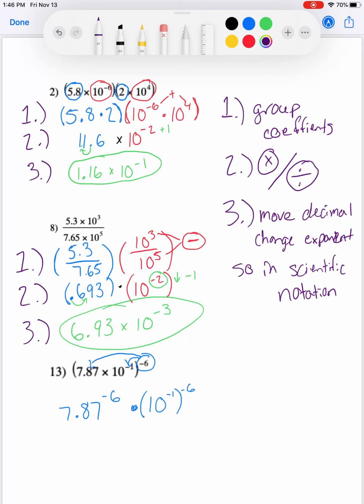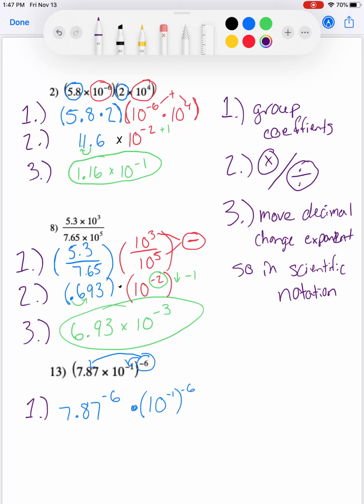So what I like to do for these is punch that coefficient piece in my calculator, because doing 7.87 to the negative 6th power longhand just seems a bit ridiculous to me.